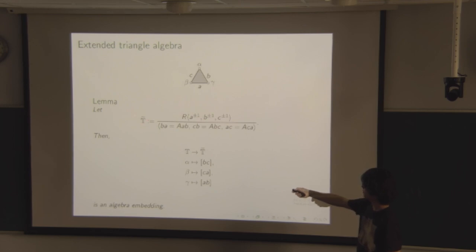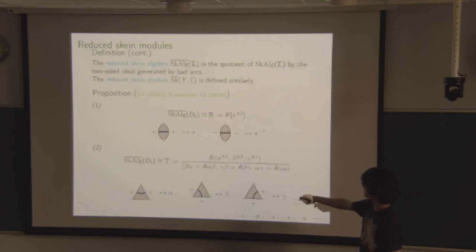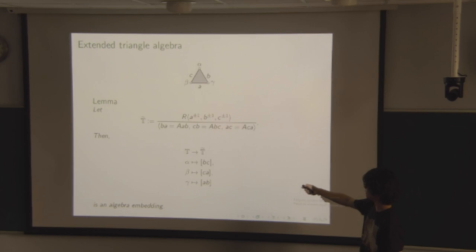And this one with a tilde is an extended triangle algebra, which, as you can see, in terms of generators and relations, is given by exactly the same form. So it is actually isomorphic to the ordinary triangle algebra, but we are choosing a specific embedding that's not an isomorphism.